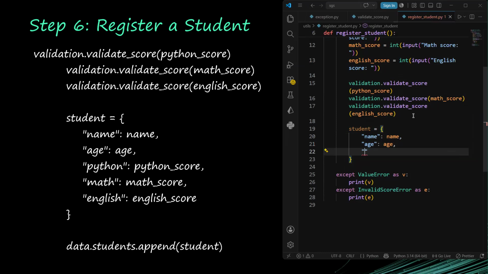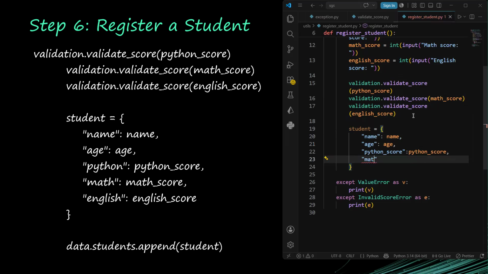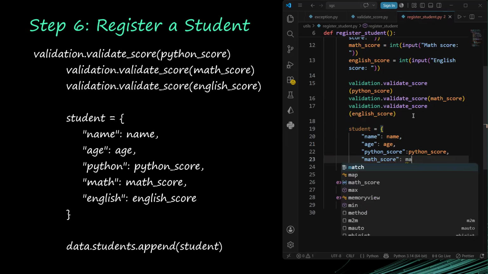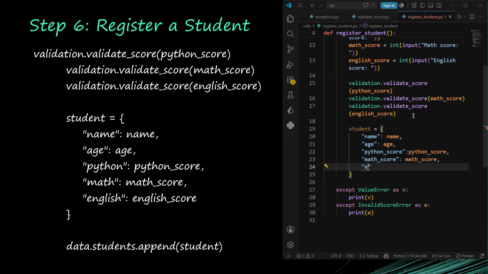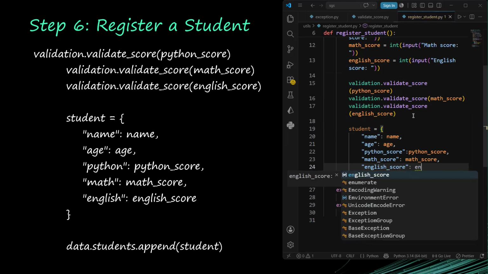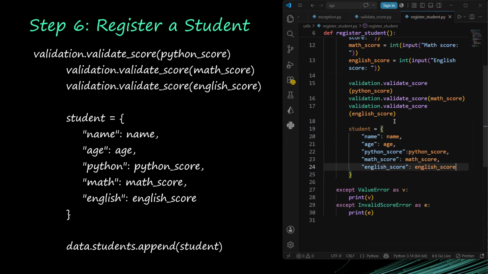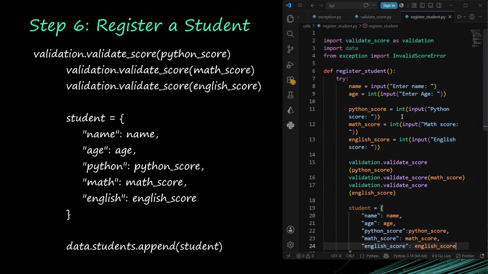Python score, like just Python, or you can make it Python score, is the Python score they gave us, math underscore score is the math score, and English. You could actually add more subjects. So English score is English score. If you don't understand what I did here, that means you have not been following this program very well.